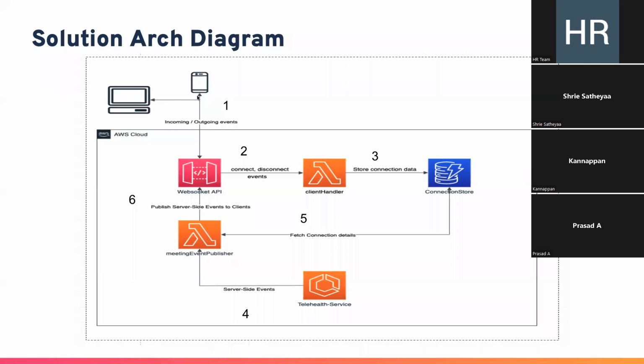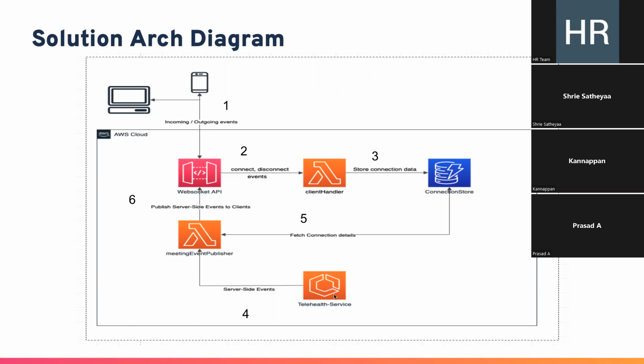The clients will be invoking the WebSocket connection to the WebSocket API gateway, and once the connection is established, certain events like connect, disconnect, and user-defined events will be triggered. The client handler Lambda function will handle those events and store the connection-related data in the DynamoDB that we have used.